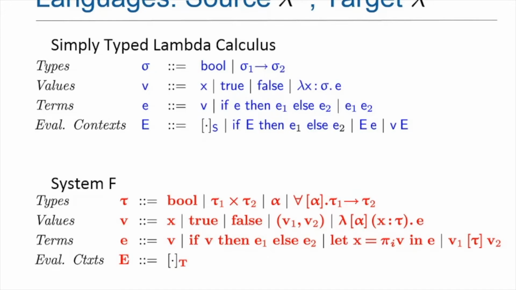Now, the interesting things that System F introduces compared to simply typed lambda calculus is that we have typed pairs added in as a type. We have a polymorphic answer type, and that polymorphic answer type parameterizes any appearance of functions in System F. The reason is that by having this polymorphic answer type, it ensures that every time a computation needs to produce an answer, it has to call its own continuation in order to produce a result of this type alpha.